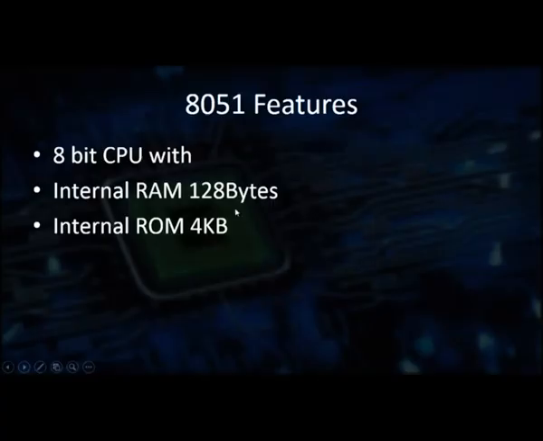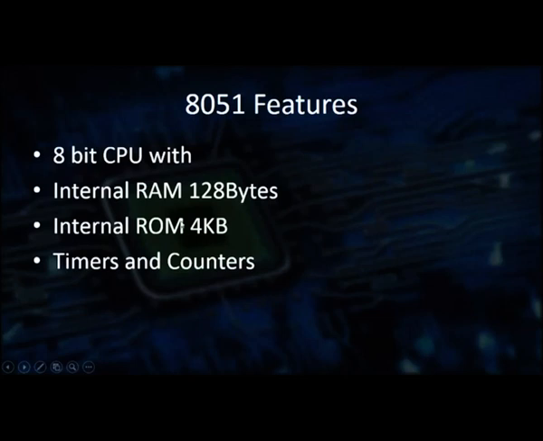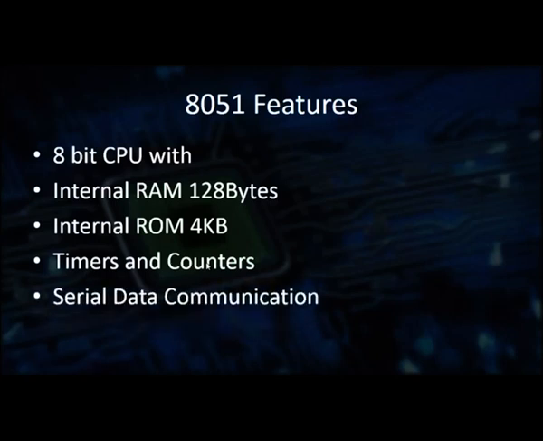The 8051 microcontroller has an 8-bit CPU, along with more features: internal RAM and internal ROM. The internal RAM is 128 bytes and the internal ROM is 4 kilobytes. Based on the memory, we can easily design the specific application.